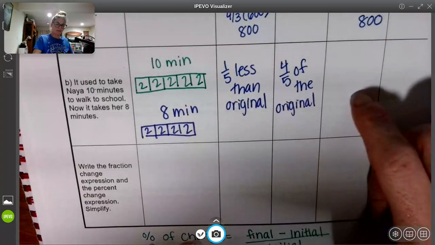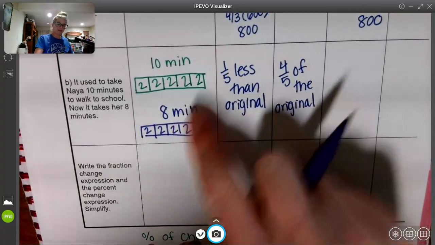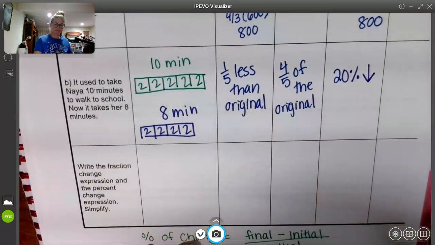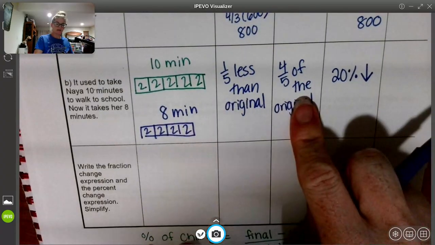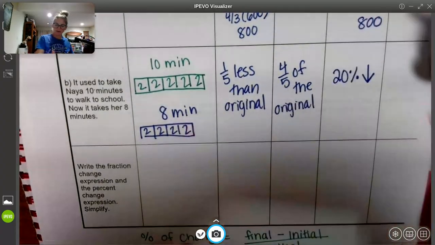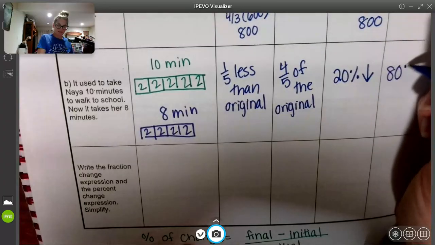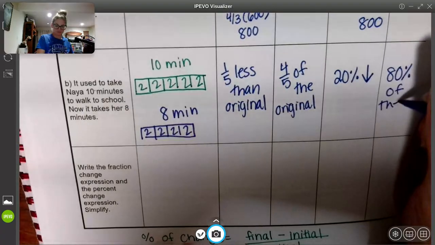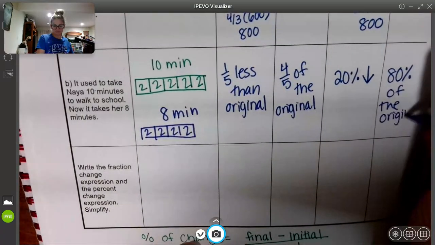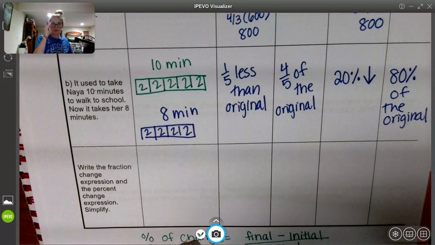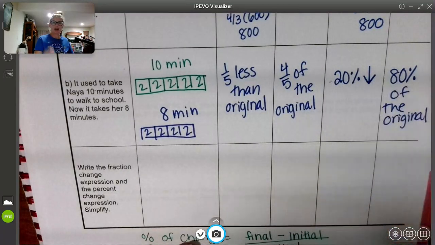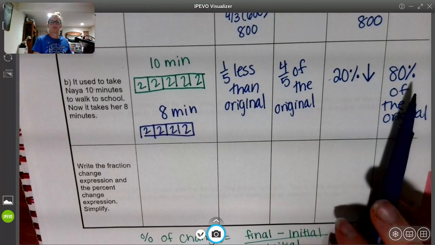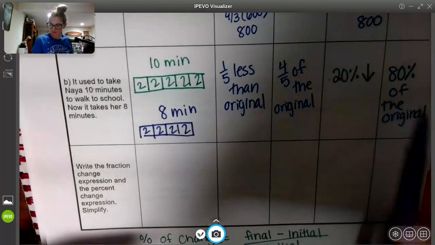If we look at a percent change, 1/5 less than the original is a 20% decrease. And a percent of the original, 4/5 of the original, is an 80% of the original. Notice with a percent decrease, these two numbers add to make 100%, because if we're not taking 20%, we are taking 80% of the original.